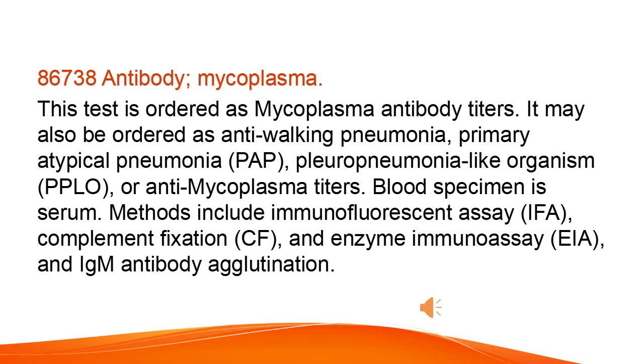This test is ordered as mycoplasma antibody titers. It may also be ordered as anti-walking pneumonia, primary atypical pneumonia, PAP, pleuropneumonia-like organism, PPLO, or anti-mycoplasma titers. Blood specimen is serum. Methods include immunofluorescent assay, IFA, complement fixation, CF, enzyme immunoassay, EIA, and IgM antibody agglutination.